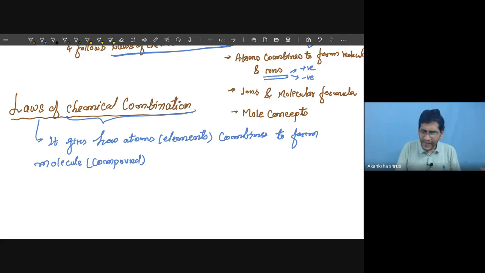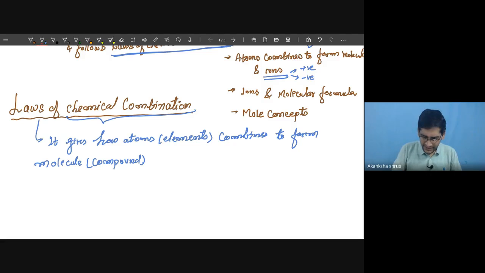So this law of chemical combination tells how these atoms will combine to form the molecules. So how is this combination? Those things we have to learn.